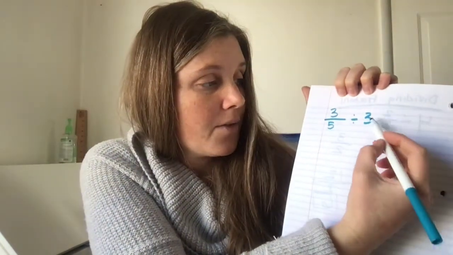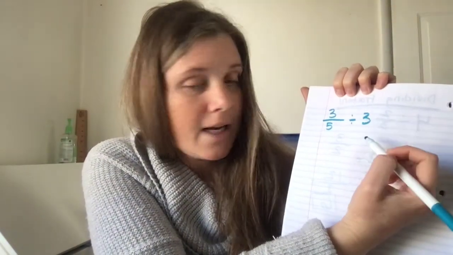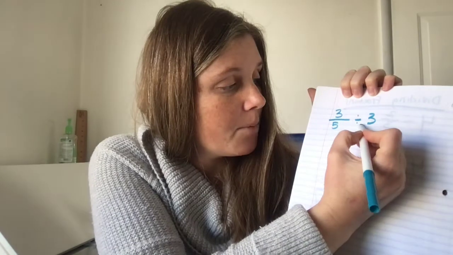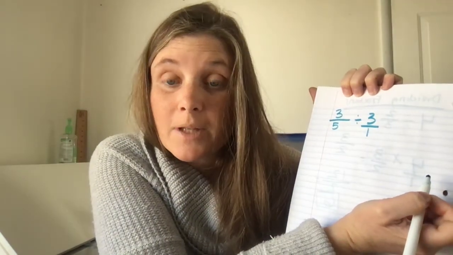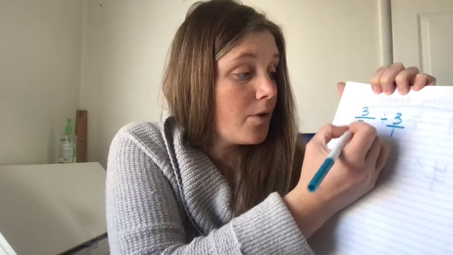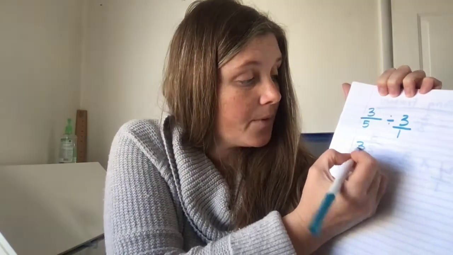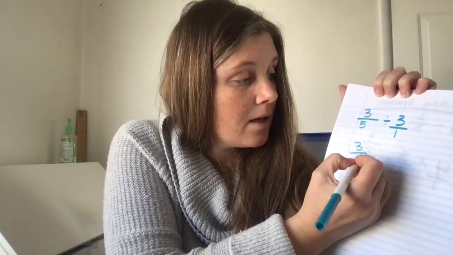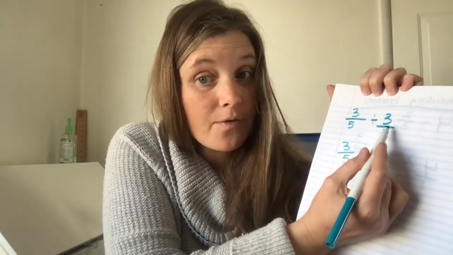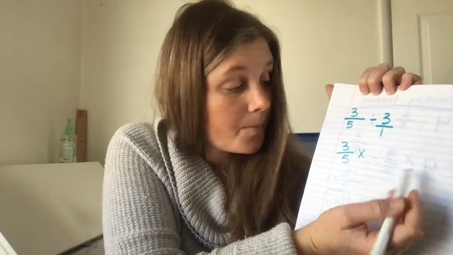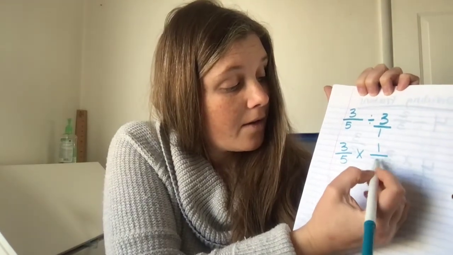So this is a 3. Anytime we have a number like this, to make it into a fraction, we can put it over 1. So now we need to multiply by the reciprocal. The first one stays the same, 3/5. We go times, let's flip this to make it the reciprocal, 1/3.